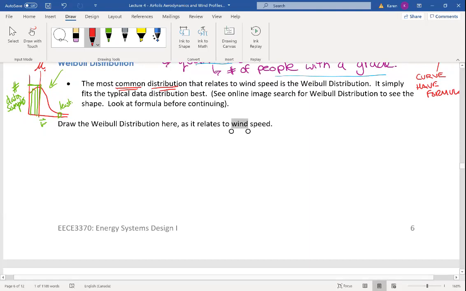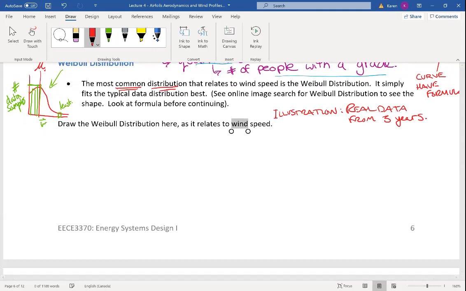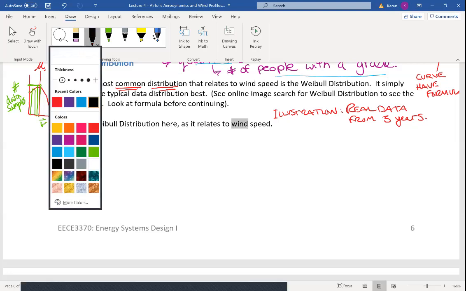And so here's some data. I won't say example, I'll say illustration. And I'll show you real data from 3 years. And from that real data, it Paretoed out like this.